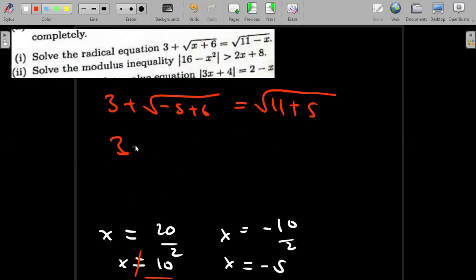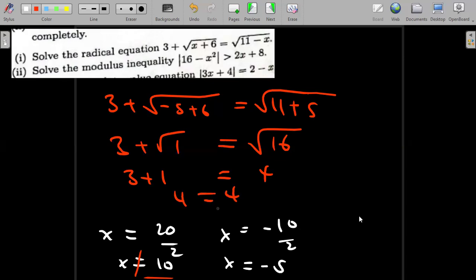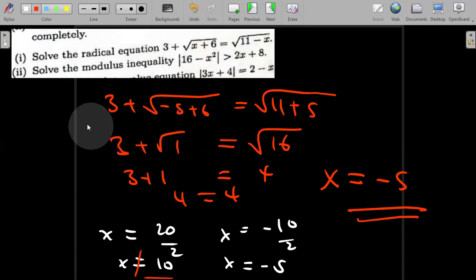And you have 3 plus root of 1 equal to, this here will be root of 16. And you have 3 plus 1. And there you have 4. 3 plus 1 is just 4. And 4 is equal to 4. Meaning the value of x here is just x equal to negative 5. So that's how you solve this radical equation.